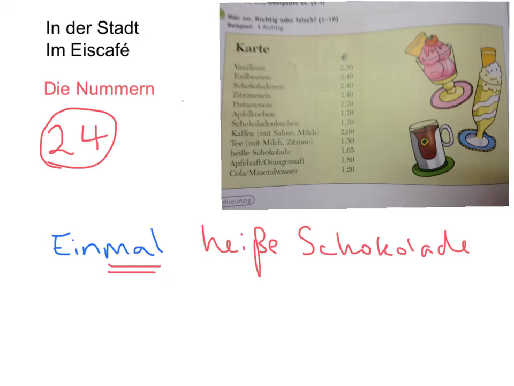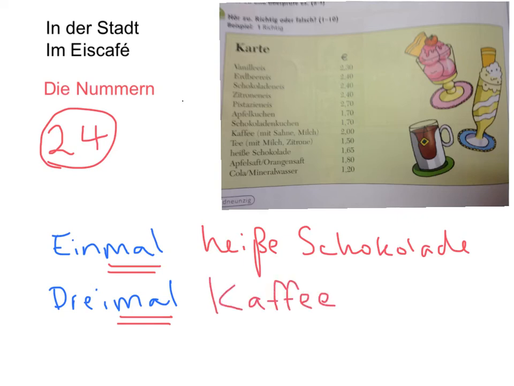Okay, so we would then say, let's go for 3. Let's say we want 3 coffees. 3 mal Kaffee. We don't need to change anything else, apart from being polite. Bitte. 3 mal Kaffee, bitte. Okay?